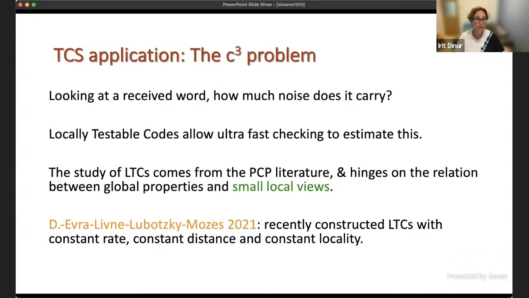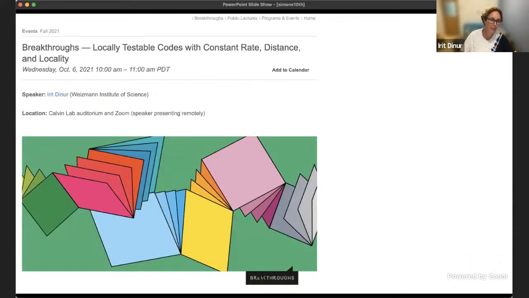So this is called constant locality. We were even honored to be invited to give a talk at the Breakthroughs lecture series at Simons, and we got a beautiful graphic that Barry Bodeker, the graphic designer of the Simons Institute, did for us.